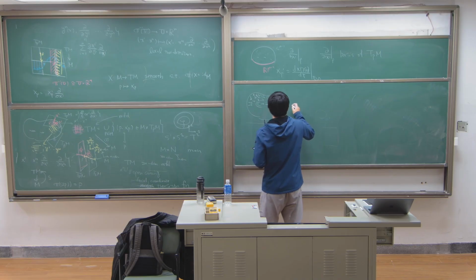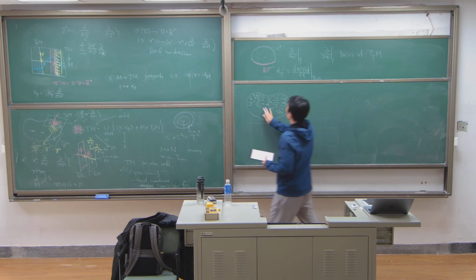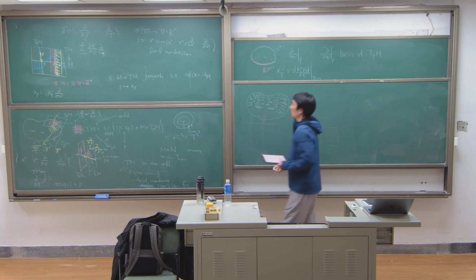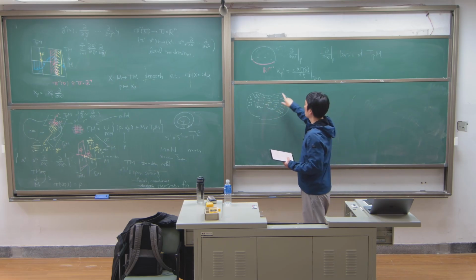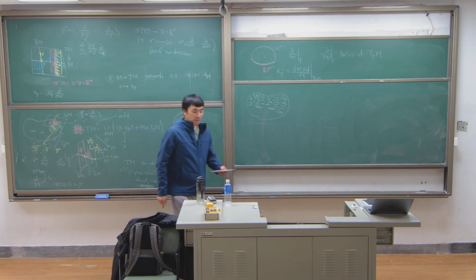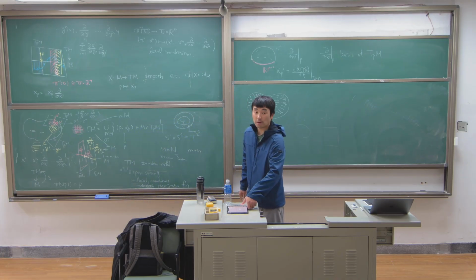So those are called tangent vectors. Okay. On the manifold, you just smoothly vary those vectors. And then at the beginning of the lecture, we learned the Poincaré-Hopf theorem.